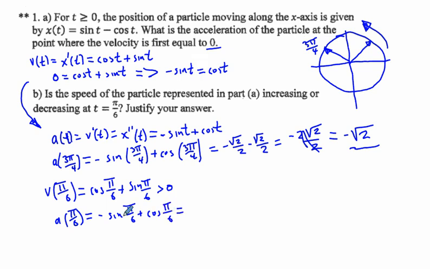So that's going to be equal to, sine of pi over 6 is 1/2, so we're going to get negative 1/2 plus square root of 3 over 2. And square root of 3 over 2 is a bigger number than 1/2. And so this is going to be greater than 0.